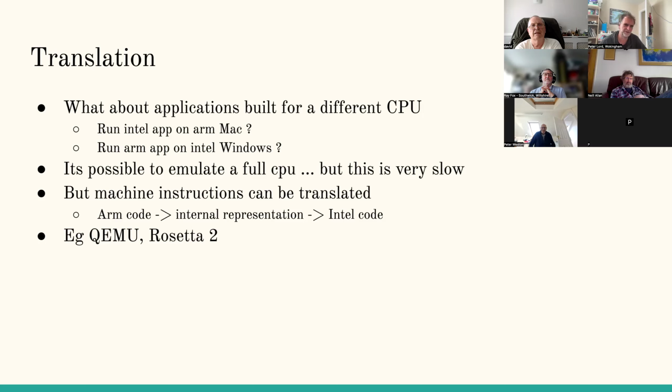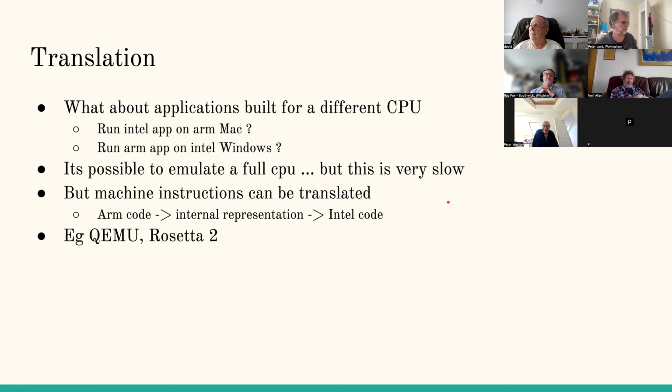So Rosetta 2 is a Mac-only application, and it allows you to run Intel applications on your ARM desktop at full native speed. It does this partly by instruction code translation, so it actually converts the Intel code to ARM code, but it also makes use of custom Apple-developed hardware on the ARM chipset.